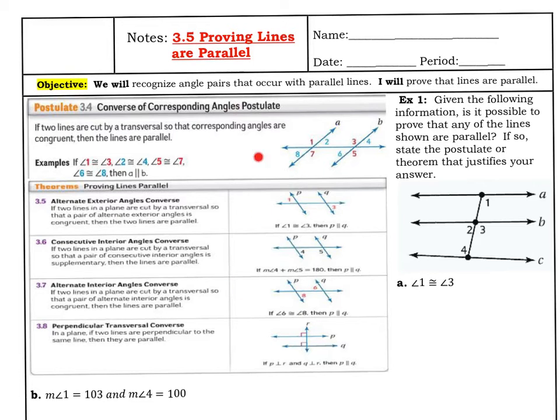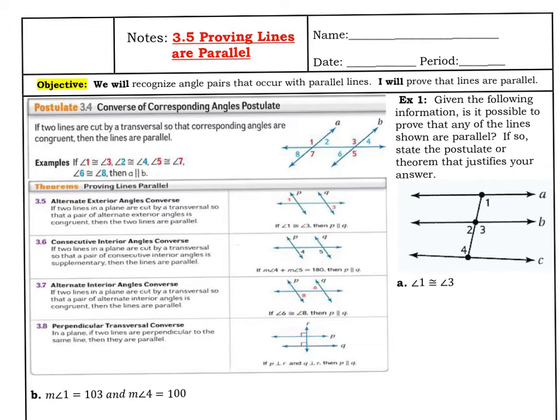So these right here are the postulates or theorems that are in this section, and they all are converses because, like I said, it's going backwards, and that's basically what converse means. So this is the converse of the corresponding angles postulate, and that basically says that if you have corresponding angles that are congruent, then the lines are parallel.